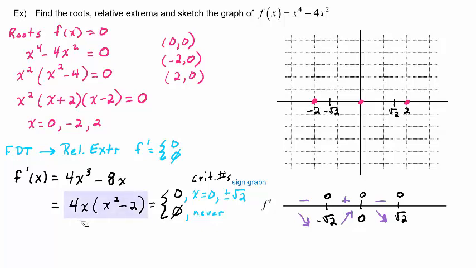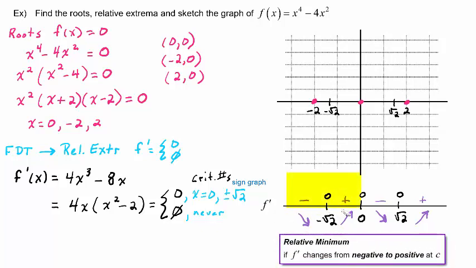We've got a positive if we plug it in here, and we get another positive if we plug it in here. So that's positive, meaning f will increase. Next, we can analyze our sign graph. When the derivative changes from negative to positive at a critical number, we know that will be at a relative minimum.